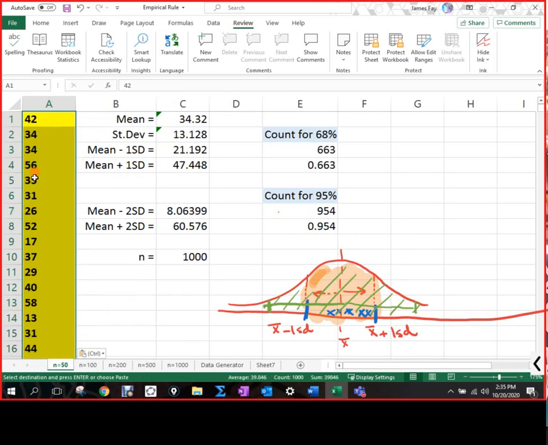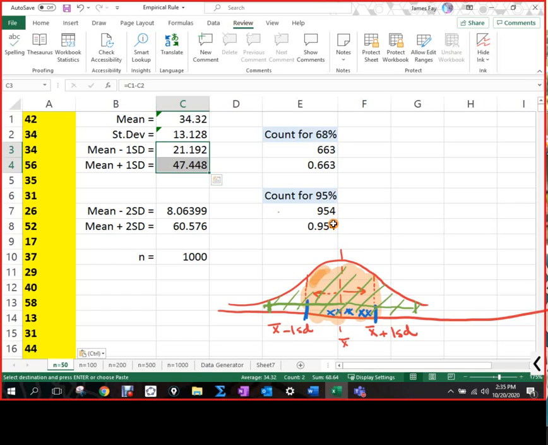So I've got a list of 1,000 here. N is 1,000. We see that when we do this count here, 663 of these values fell between those two numbers. Well, 663 divided by 1,000 is 66.3%, pretty close to 68%, right? Look how close this is to 95%, 0.95.